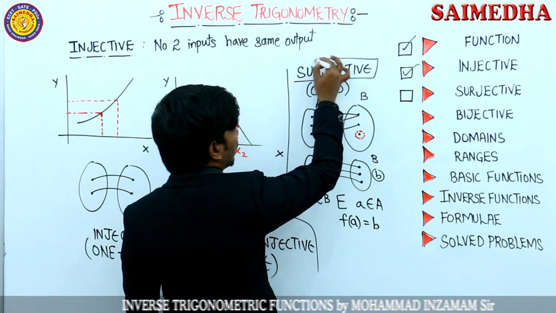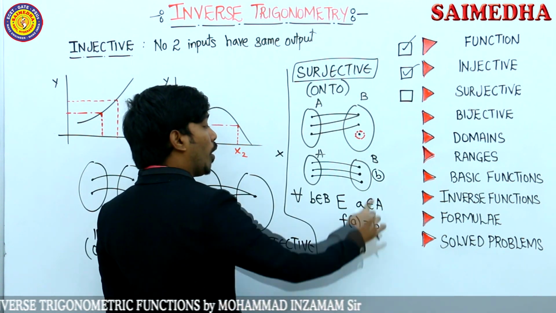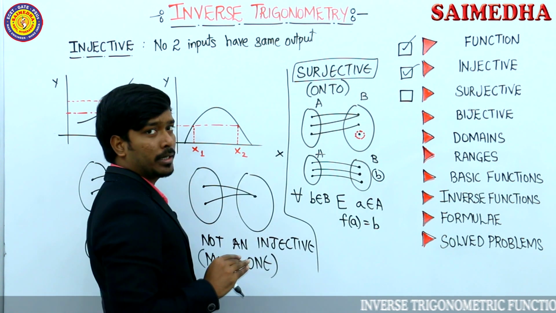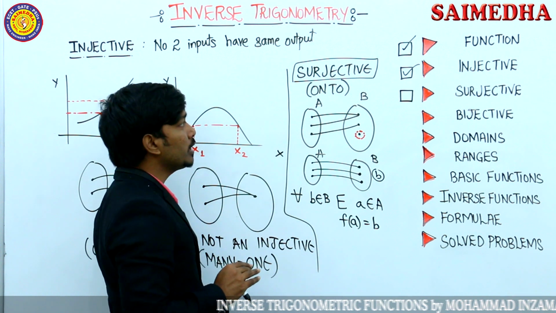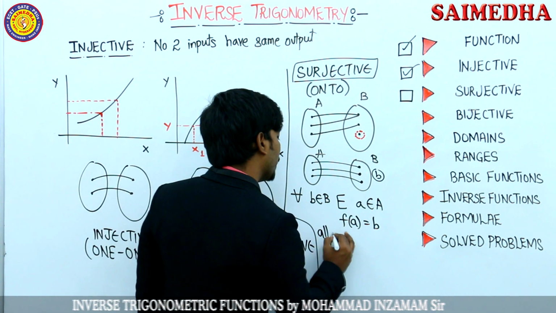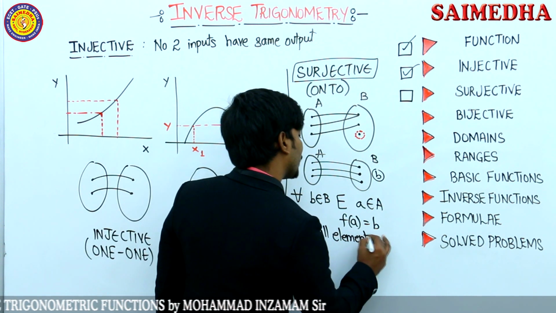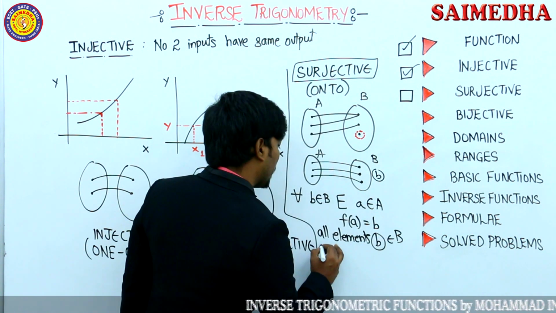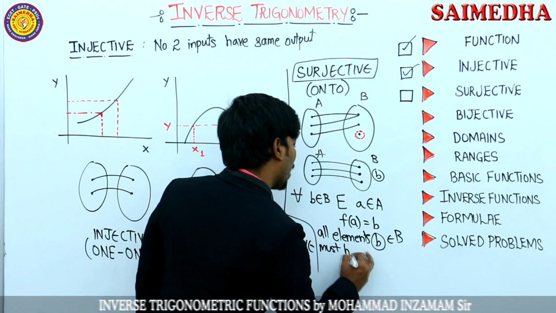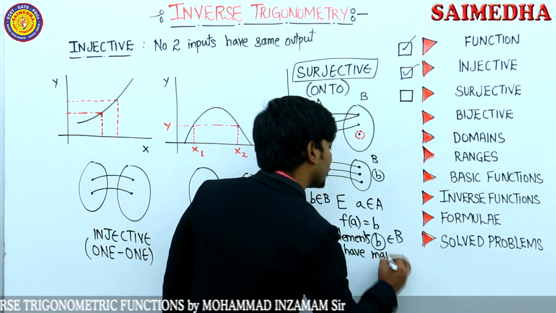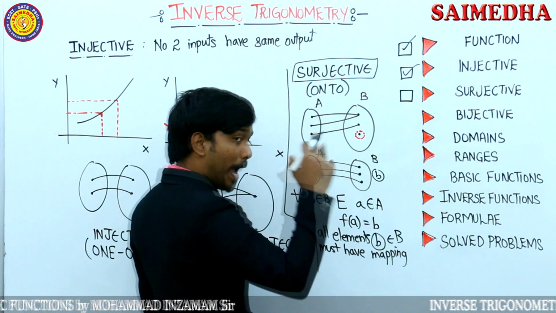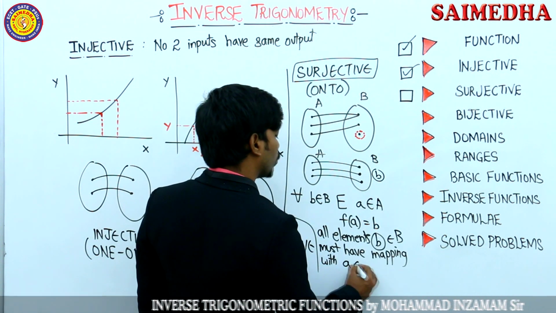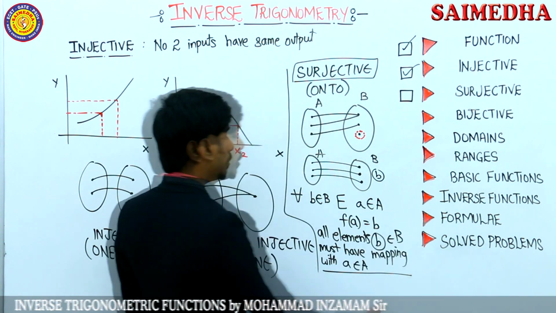Let me write here, guys, so that you can understand clearly. All the elements of B must have mapping with elements in A. All elements, that is small b belongs to capital B, must be mapped with elements small a belongs to capital A. This you need to remember, guys.